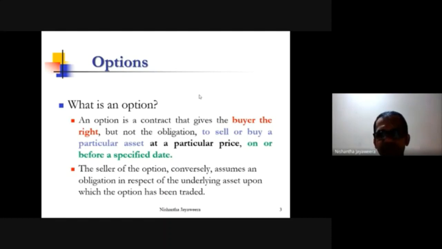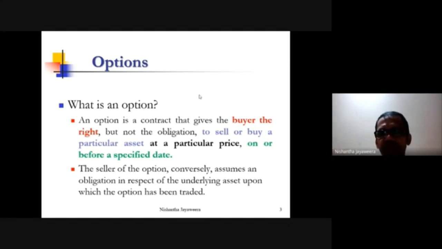And again, I reiterate, the buyer gets the right, but no obligation. But the seller of the option, the party who agrees to sell the option, again, remember, sell the option, not the underlying, we call them the seller. That seller assumes an obligation. Whenever the buyer comes and says, I want to do this, the seller has to honor that.